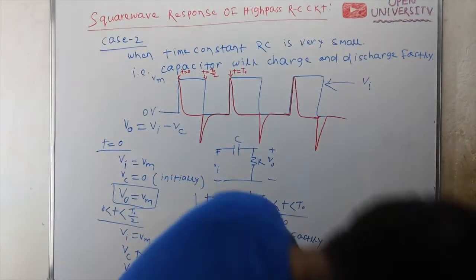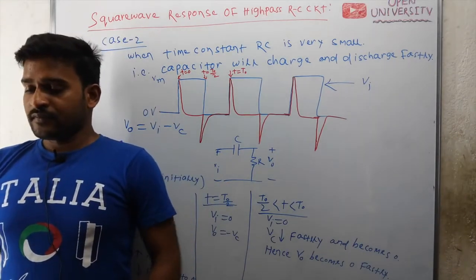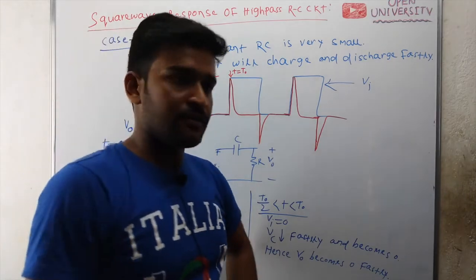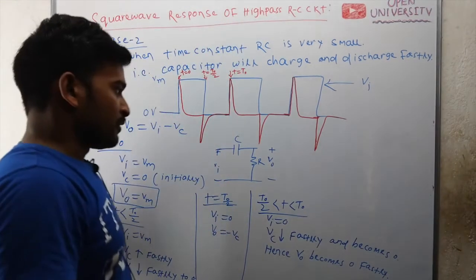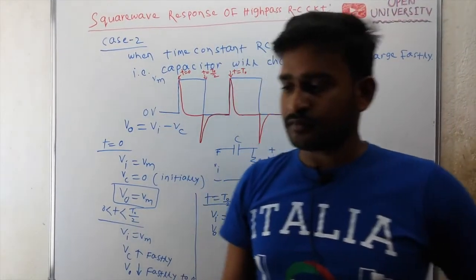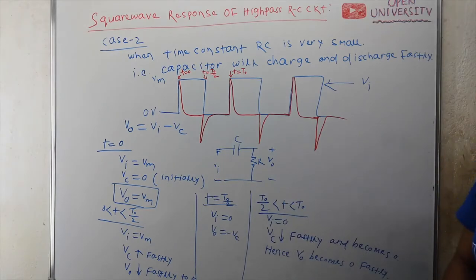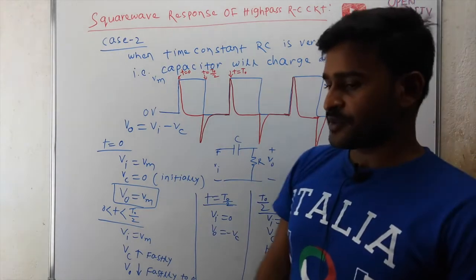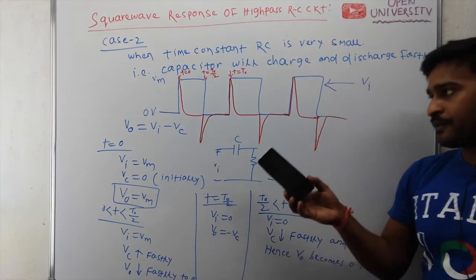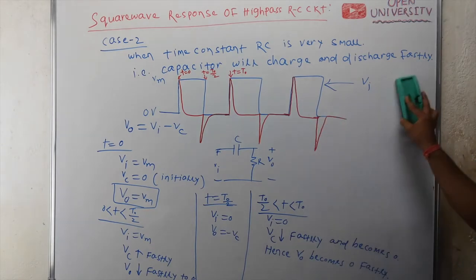Thus, it behaves like a differentiator, or it can perform excellent wave shaping. So your high pass RC circuit will behave like a wave shaping circuit when time constant is very small.